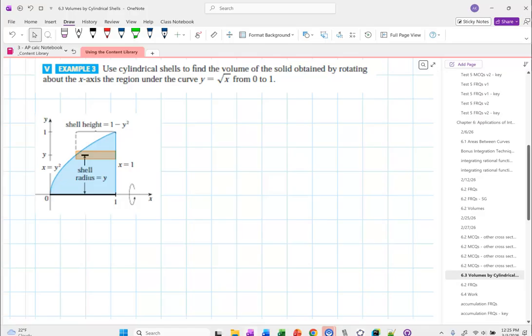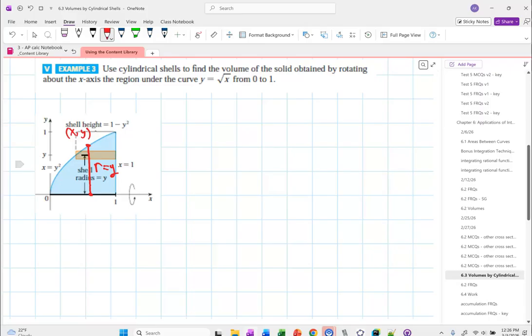When I draw the radius for my cylinder, I'm going to start on my axis of rotation and draw to the curve. That's my r, right? This is the point x, y. r is the y coordinate.